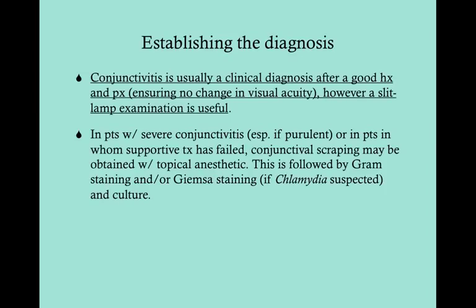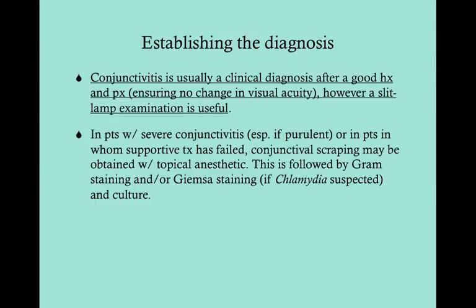However, a slit lamp examination can be useful as well. In patients with severe conjunctivitis, especially if it's purulent, or in patients in whom you have done supportive therapy and it's failed, or their conjunctivitis has not gone away, because this tends to be a self-limiting disease, you can do a conjunctival scraping, which will help you determine what pathogen is behind it.